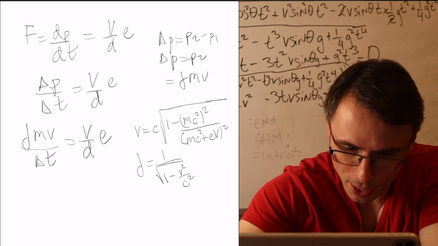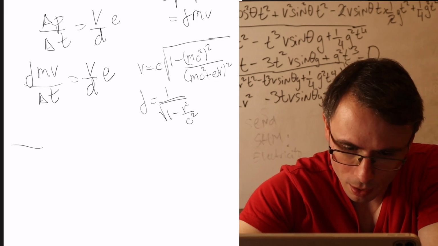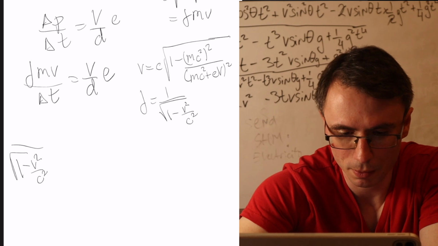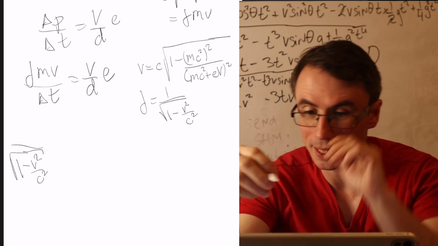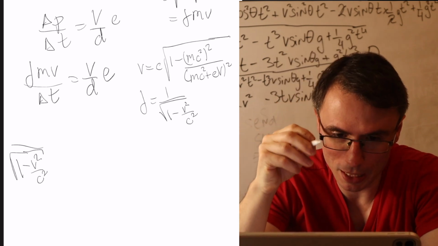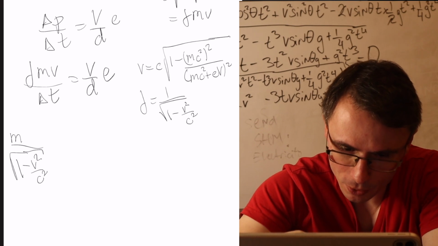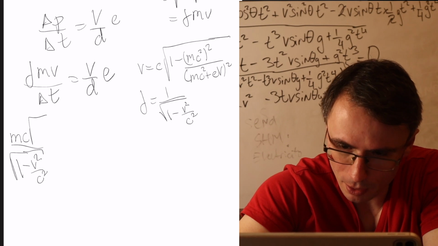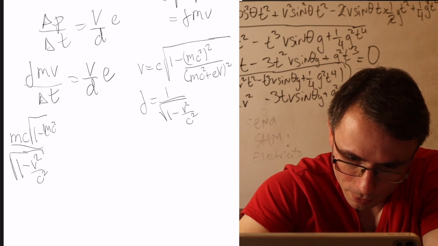So for gamma, we are going to get square root of 1 minus v squared over c squared, like this. Now it's really important for our work to start being really neat at this point, because I'm expecting a gigantic expression. And then the speed v, which is going to be given by c root of 1 minus mc squared, all of this is squared.